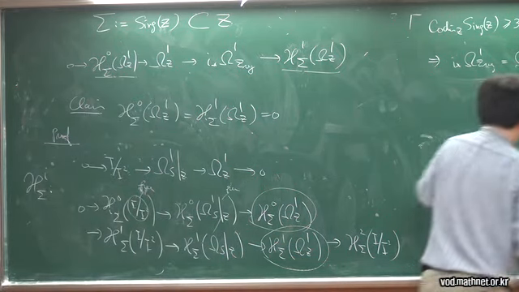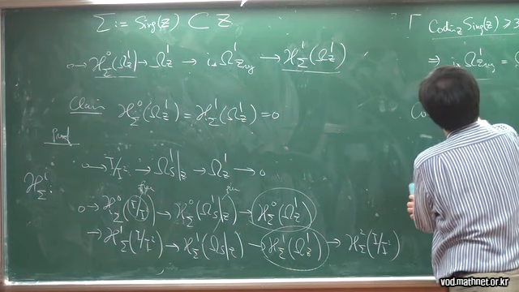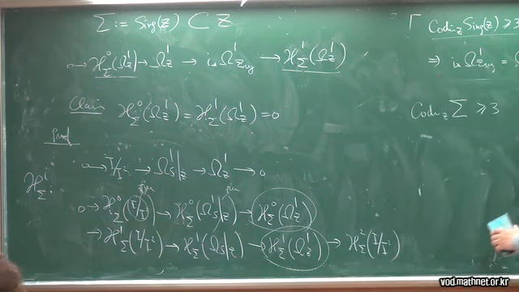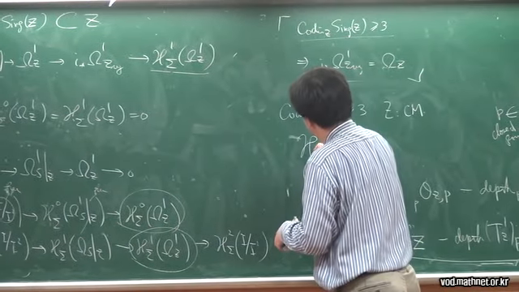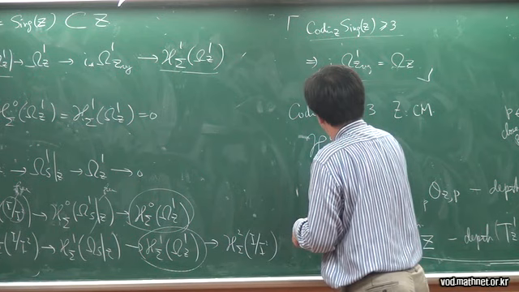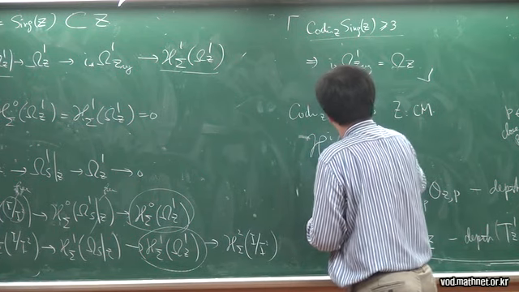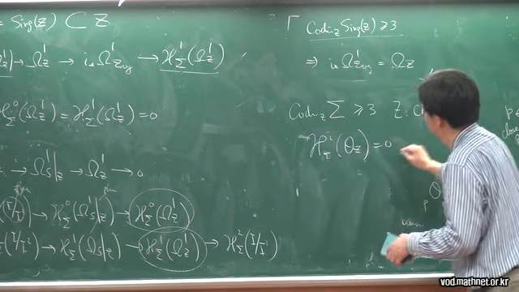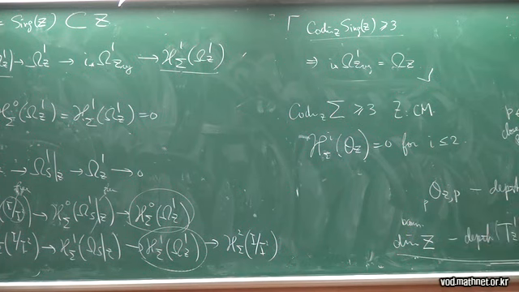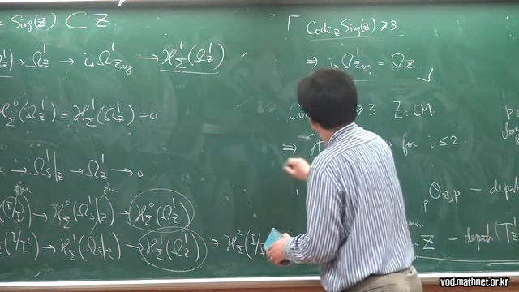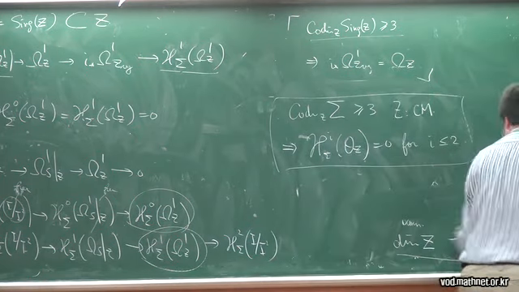So this assumption and Z is Cohen-Macaulay implies that this is 0 for i, this implies this. This is a well-known fact.